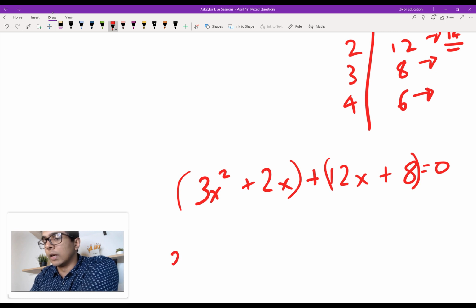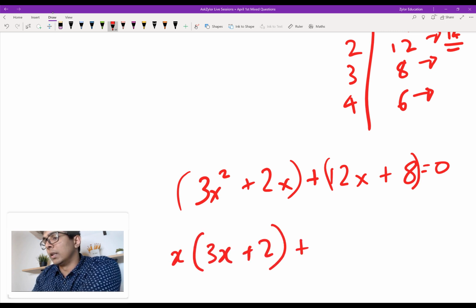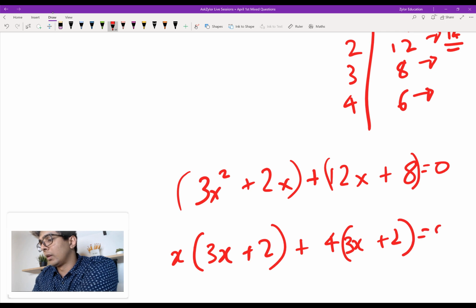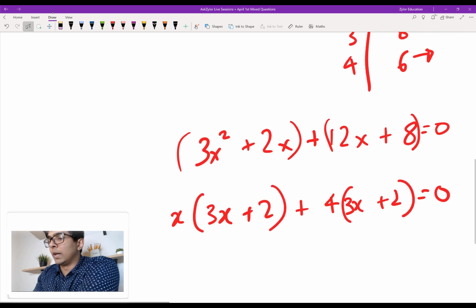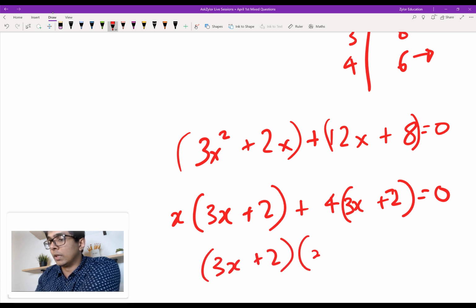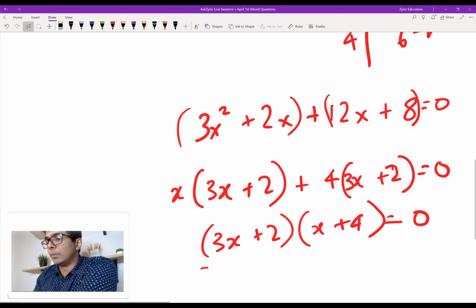So I'm going to take out an x to give me 3x plus 2, plus, and then I'm going to take out a 4 to give me 3x plus 2 as well. Then if I factor out the common term, which is 3x plus 2, from each one, I'll get 3x plus 2, and that'll leave me with x plus 4. So my factors are going to be 3x plus 2 and x plus 4.